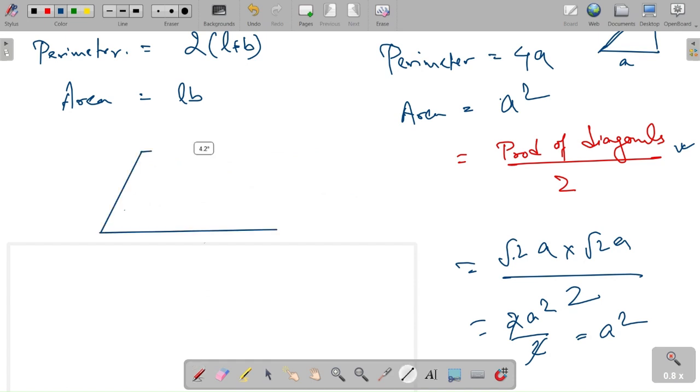What is the rule of a parallelogram? In a parallelogram, opposite sides are parallel and equal. Correct? So this equals this equals this.